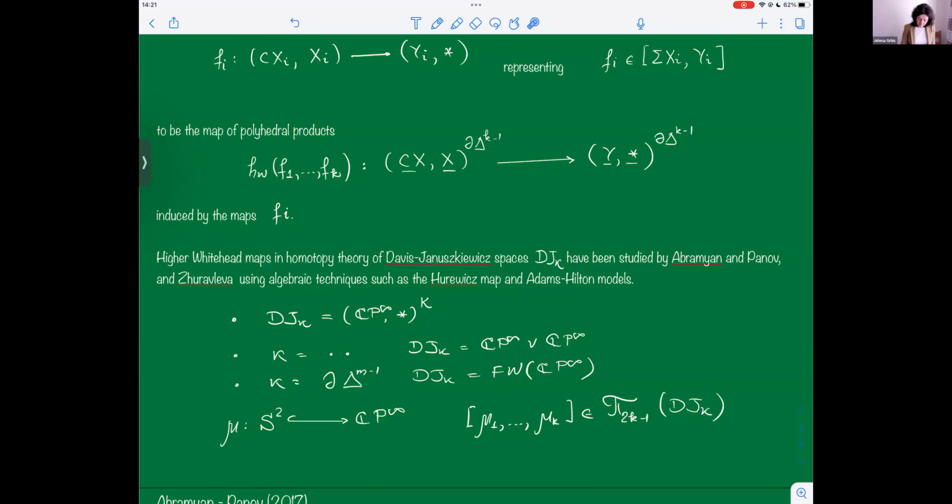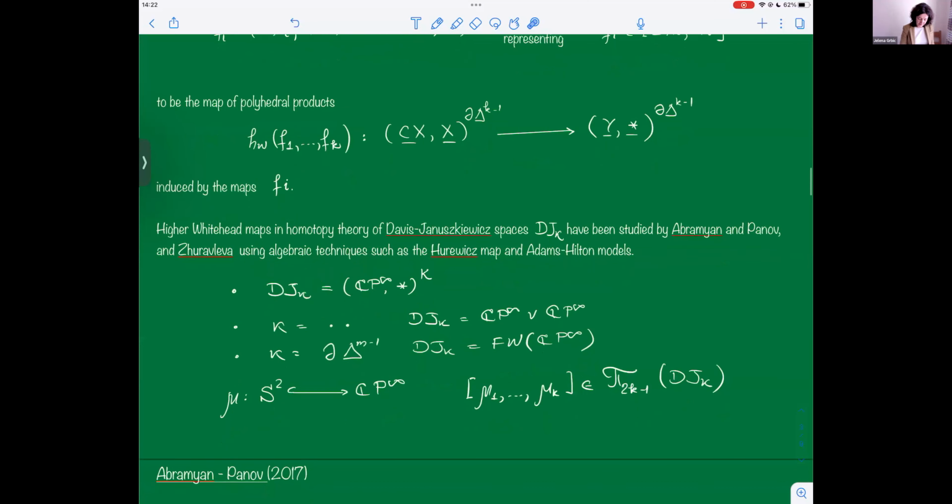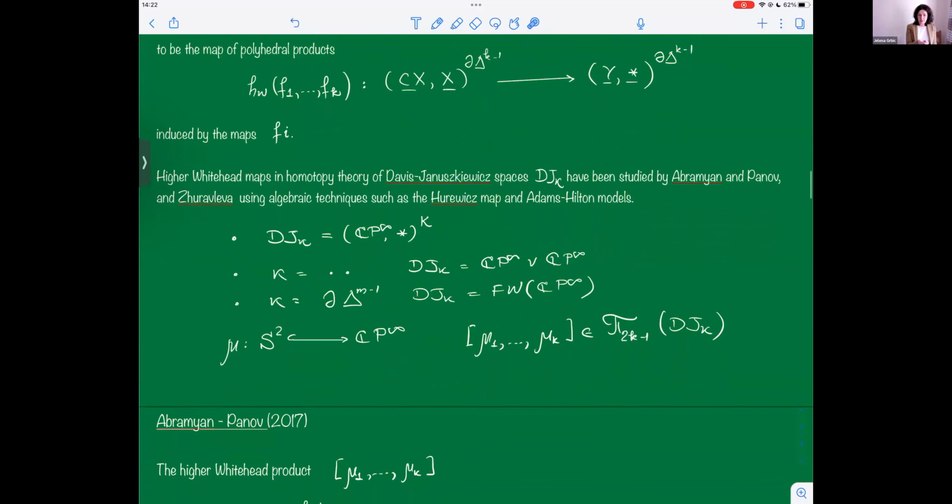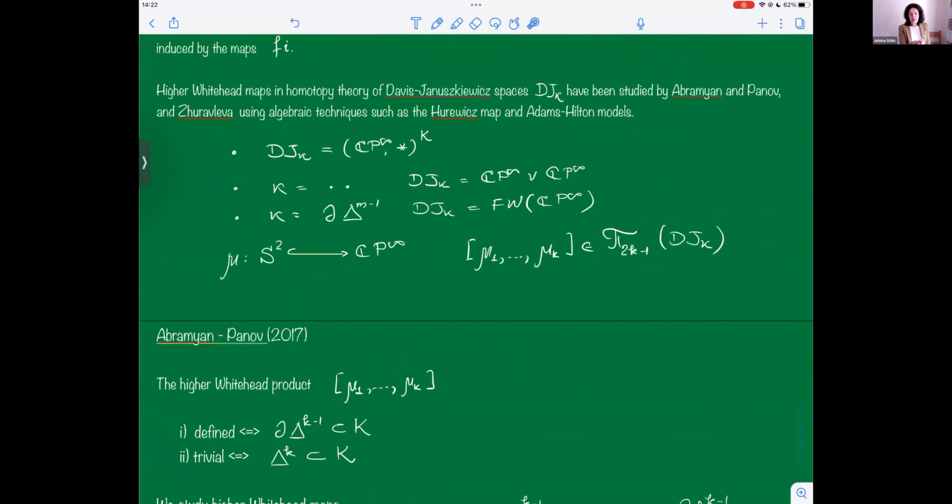So the Whitehead product that has been studied is concerned with the maps, these mu's. That's just the bottom cell S2, the cell S2 that is included into CP infinity as the bottom cell.